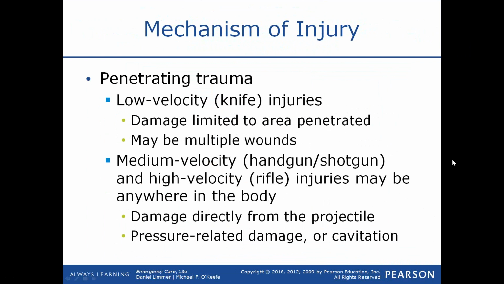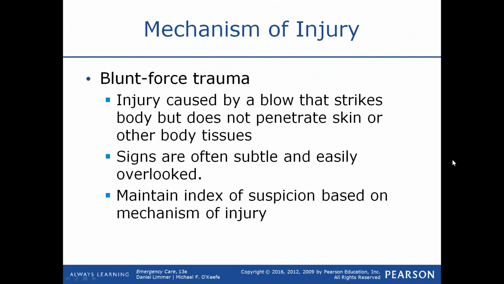Did it enter the body straight up and down, or did it enter the body in a straight path as it came out of the barrel? Because some bullets will tumble and yaw, some bullets will fragment, some bullets will mushroom, and all of this causes different types of energy transfer and damage.